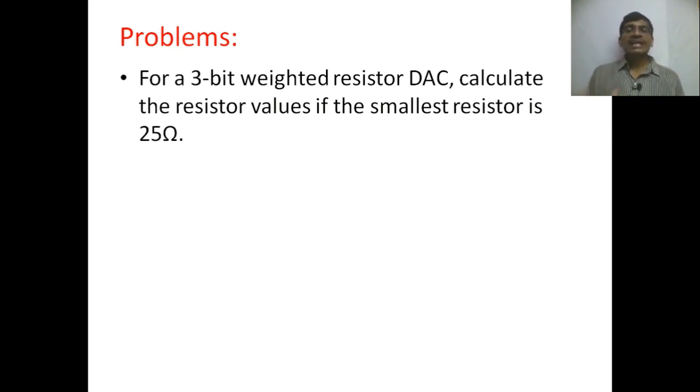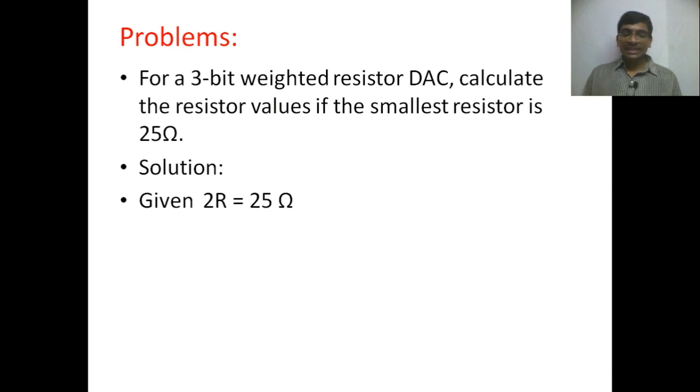So we have to calculate the three resistance values, which are 2R, 4R and 8R. In the solution, the smallest resistor value 2R is given as 25 ohms. Therefore, R is half of that, which is 12.5 ohms.